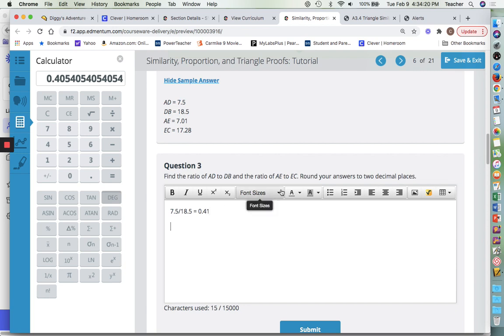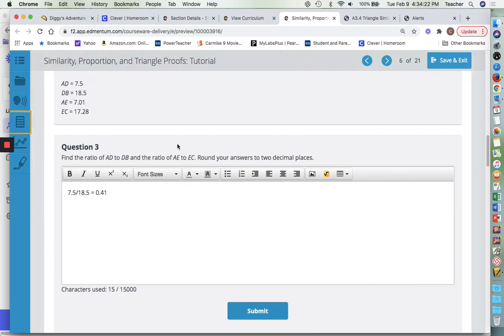Right, now I gotta do AE and EC. So AE was 7.01. Divide that by EC, which is 17.28.